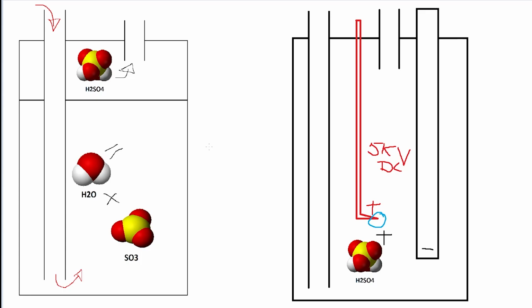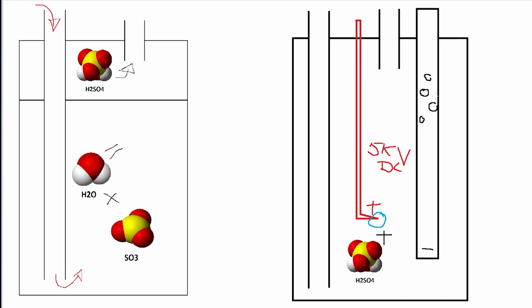Instead of just blindly going out from here, it will get a plus ion, and then it will be attracted to the graphite electrode here, which is the negative grounded wire, and that is going to be a big condenser column that the acid vapors are going to be collected in like droplets.